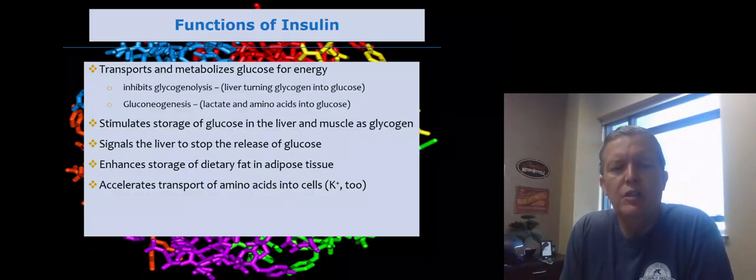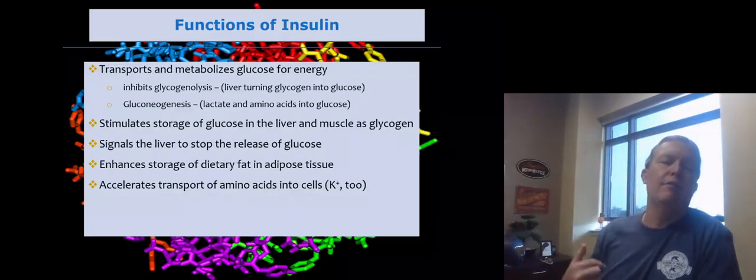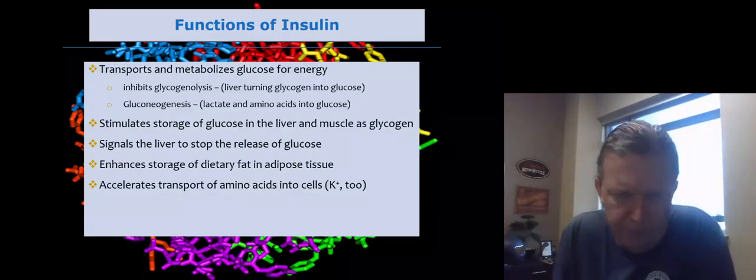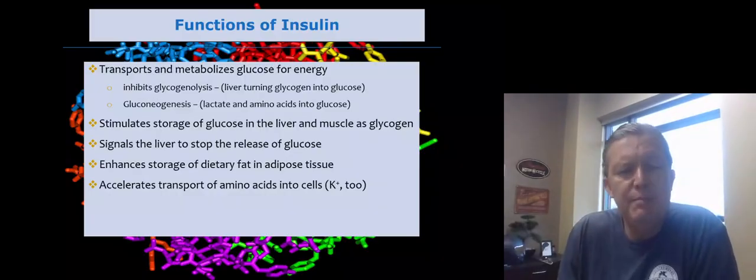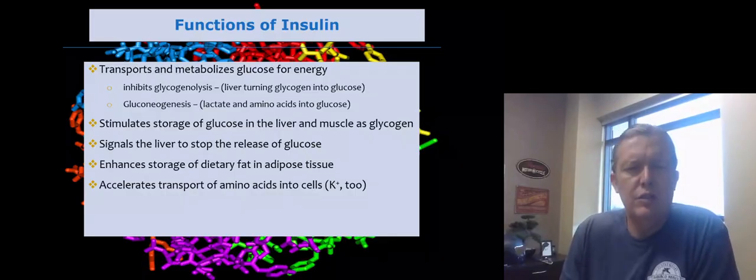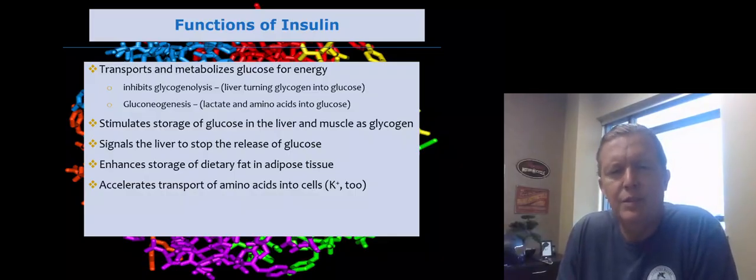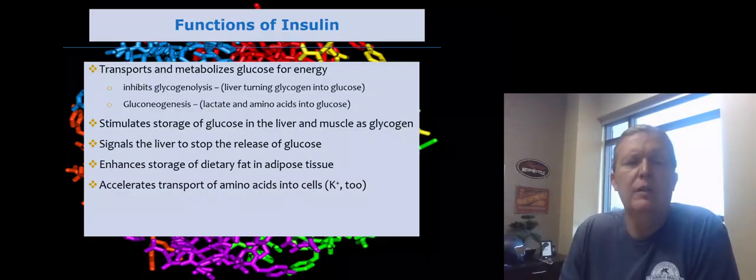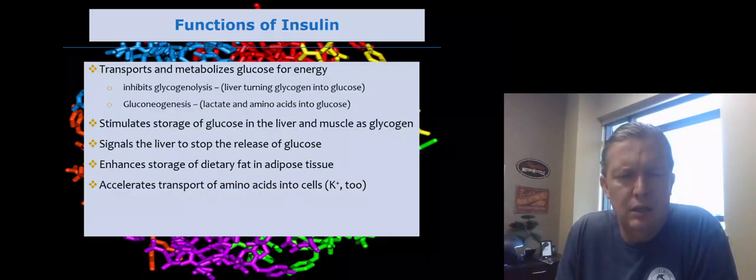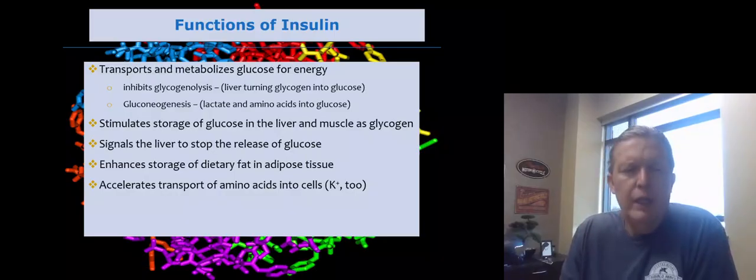And that's where gluconeogenesis takes it back out of the liver when we need it, turning it back into sugar. So insulin stimulates glucose storage in the liver, glycogen storage in the muscle, and it inhibits gluconeogenesis and glycogenolysis.